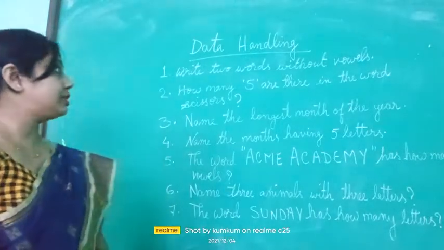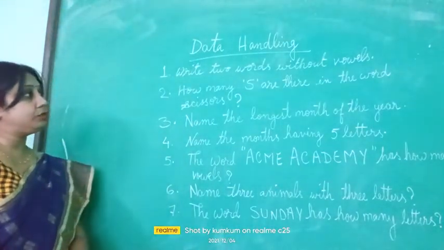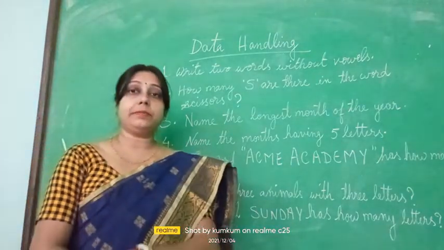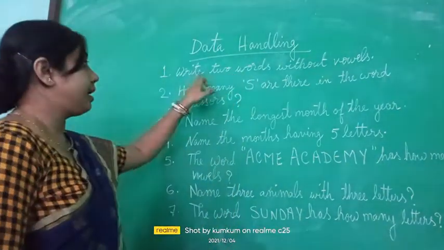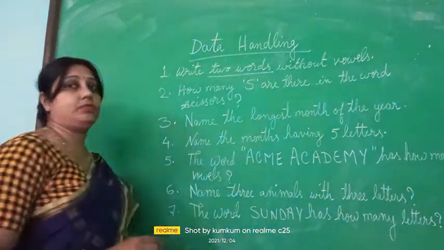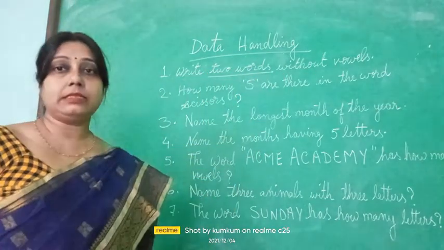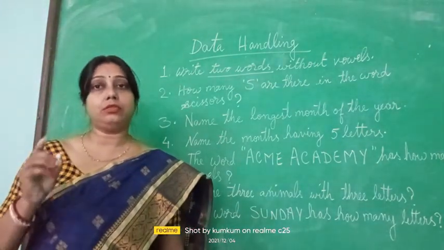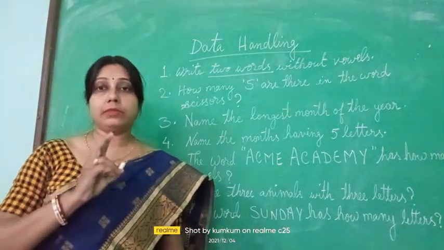So the first question: write two words without vowels. Now you are asked a simple question, to write any two words without vowels. That means you are supposed to answer two words where vowels are not used.